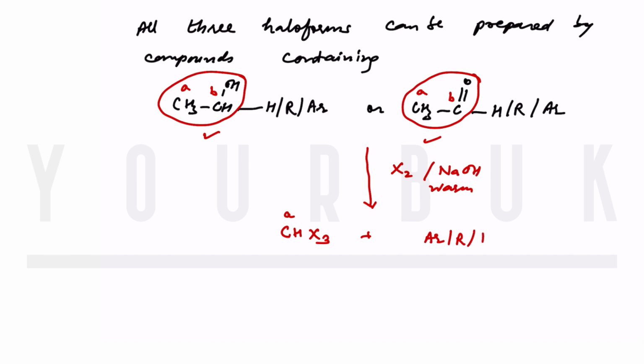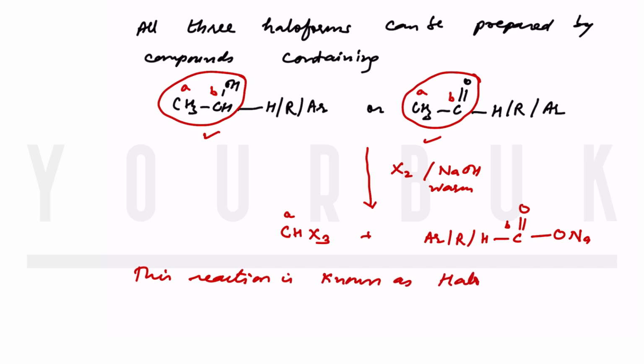But since our medium is alkaline, that acid immediately gets neutralized to form a salt. So carbon A forms haloform and carbon B gives a sodium salt of a carboxylic acid. This reaction is known as the haloform reaction.